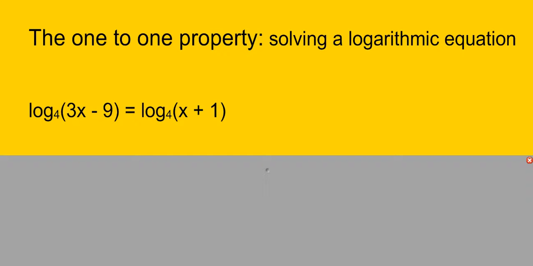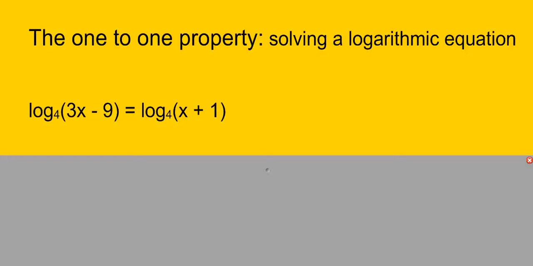Alright, we have one more thing to look at on this first worksheet. On this last section, we're going to talk about the one-to-one property, and that's going to be our first introduction to solving equations with logarithms. The one-to-one property is the single simplest property I can ever give to you. It says this: if you have the log base 4, or of any base, in this example we're going to use log base 4.